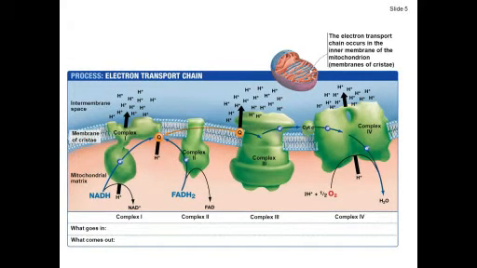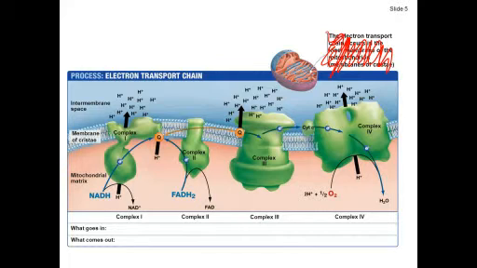Next, your electrons are transferred to another intermediate molecule, cytochrome C, to complex 4. When complex 4 accepts these electrons, it's reduced.